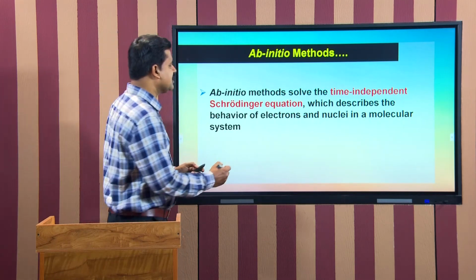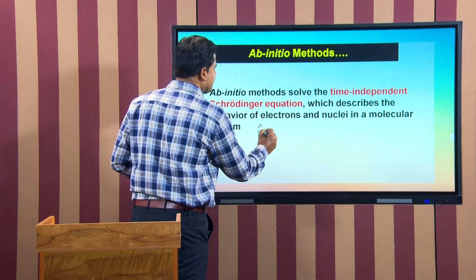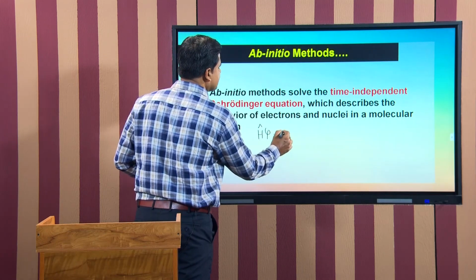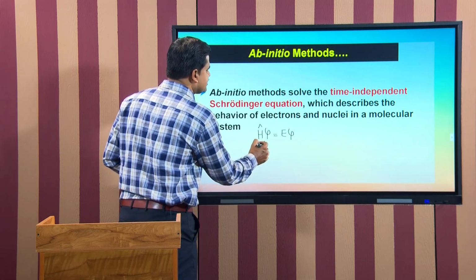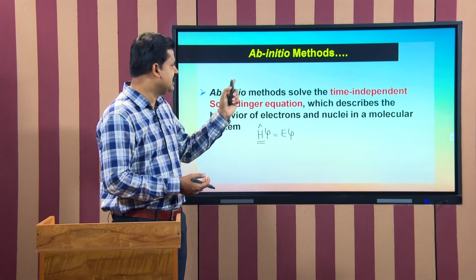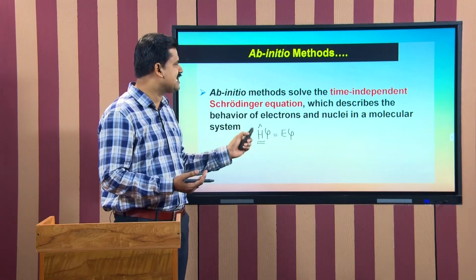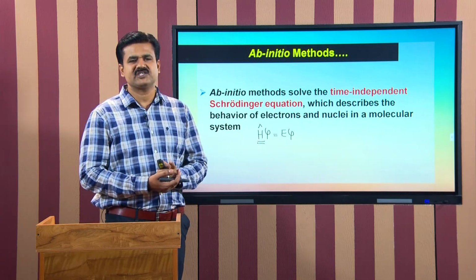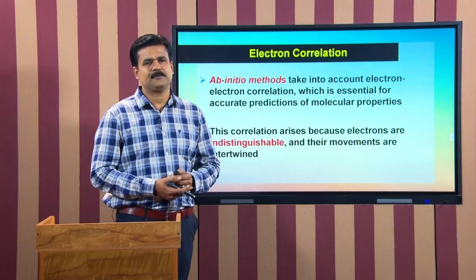We know the time independent Schrödinger wave equation, Hamiltonian psi is equal to energy into psi. Here H hat is the total energy operator, and in the ab initio method we are also solving this time independent Schrödinger wave equation for a system of interacting electrons as well as nuclei.